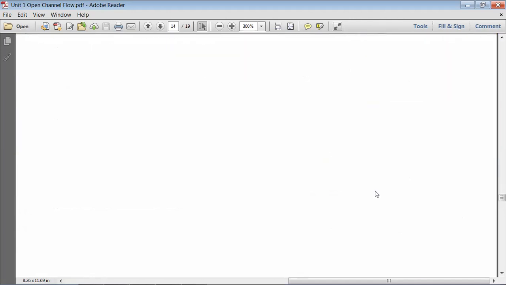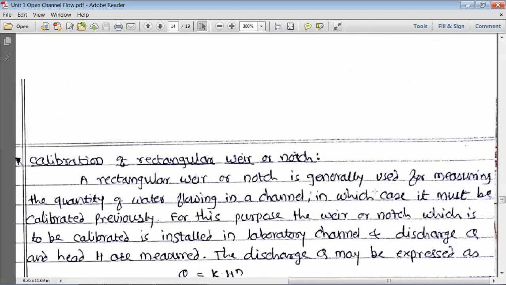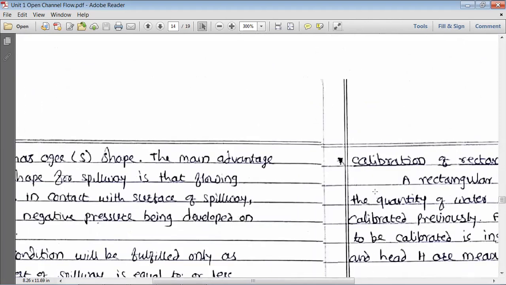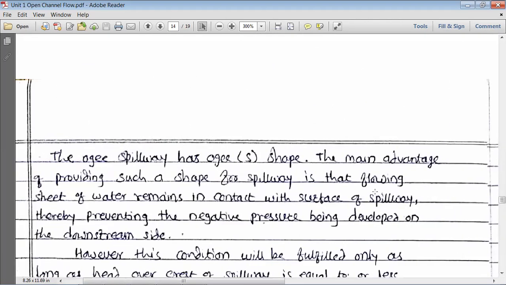Then, discharge over Ogee spillway. Write down the sentence: Ogee spillway has Ogee shape or S shape.